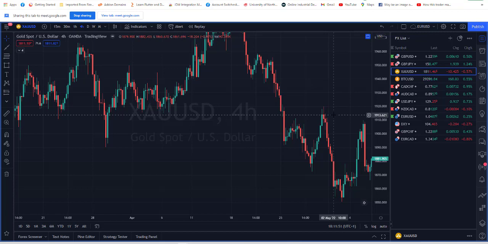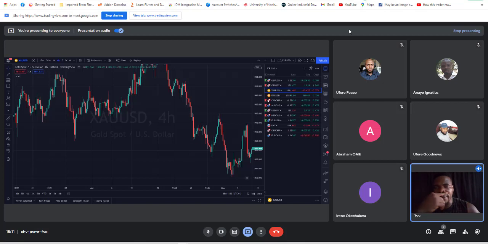All right. Now, there is a reason why you need to do that. Currency moves from zones to zones, from key price zones to other key price zones. It could be above or below the current price at which it is. Now, the importance of understanding a few currency pairs to trade, one or two is even just enough, is you'll be able to have those key zones at the back of your palm, okay?